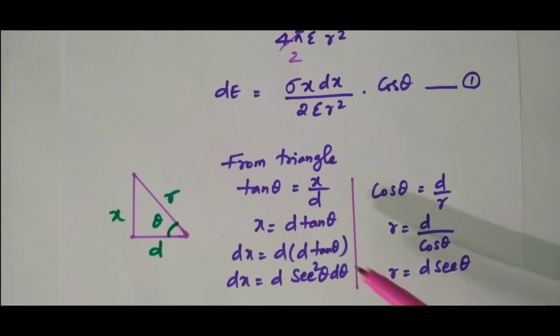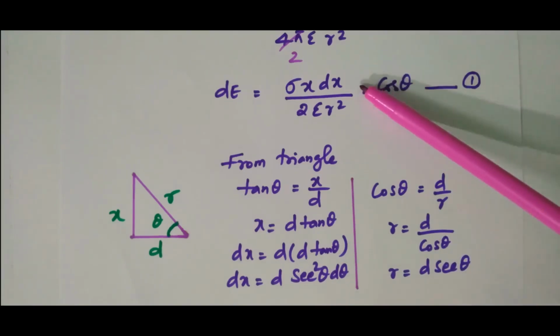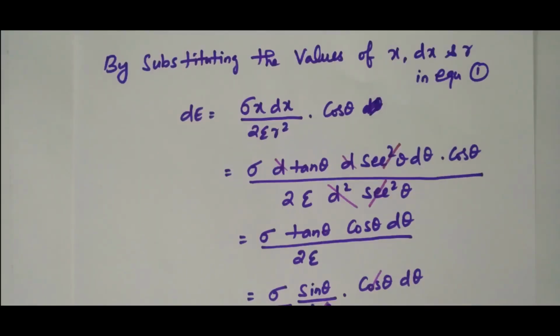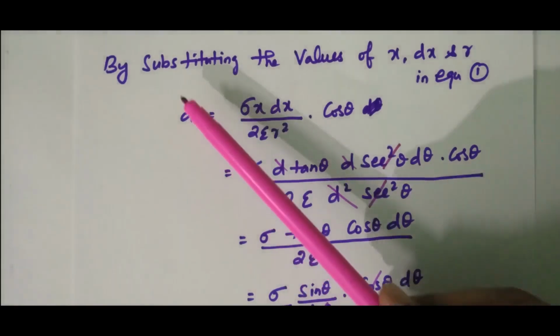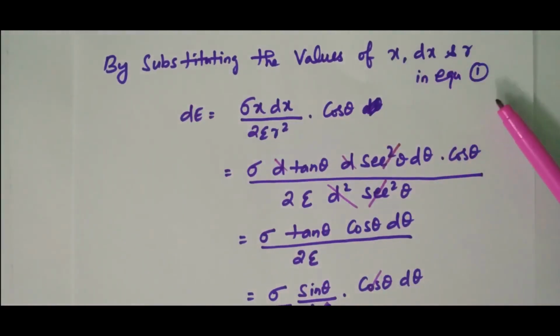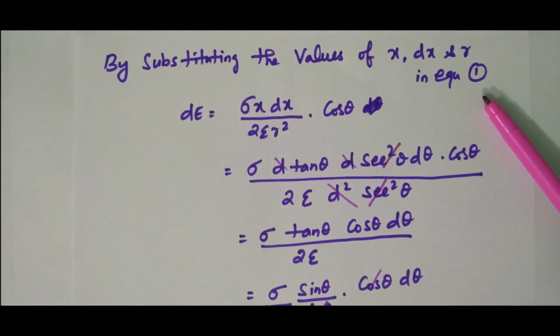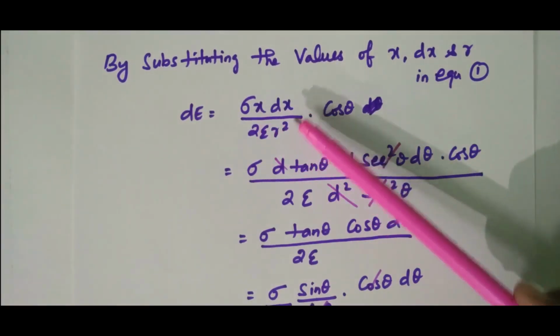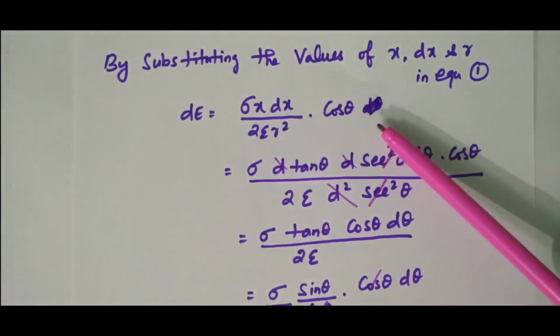Now we are going to substitute the x value, dx value and r expression in equation number 1. What is equation number 1? Sigma x dx divided by 2 epsilon r square into cos theta.